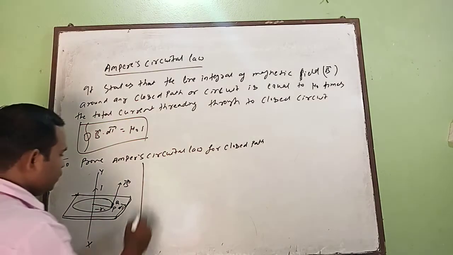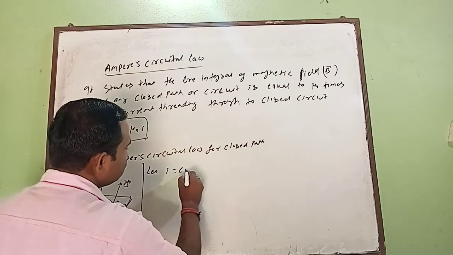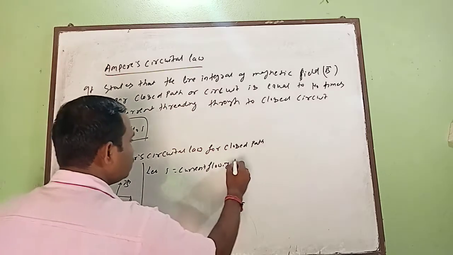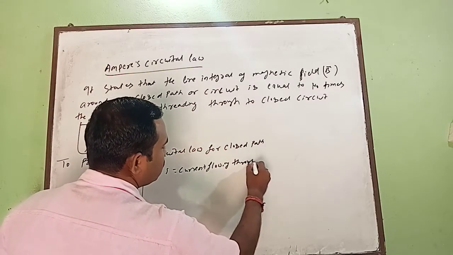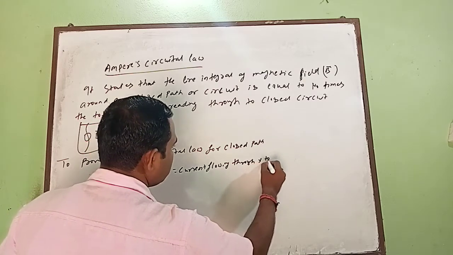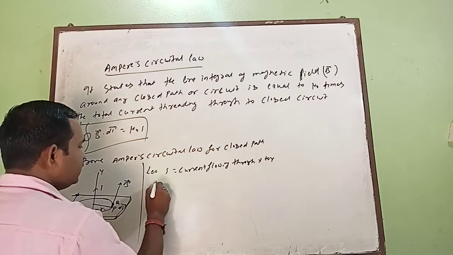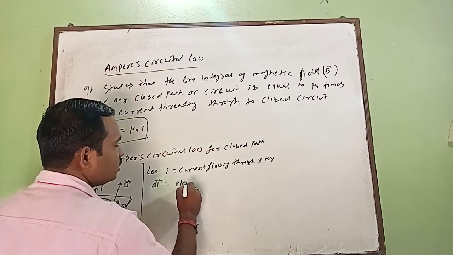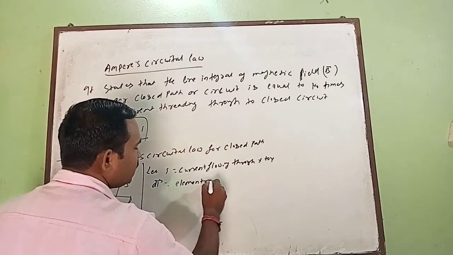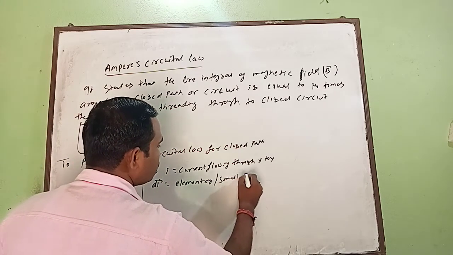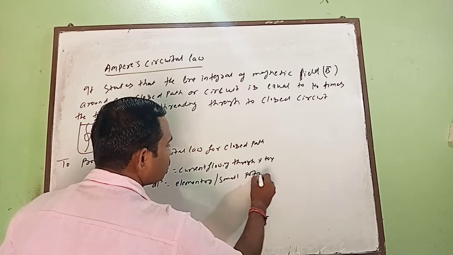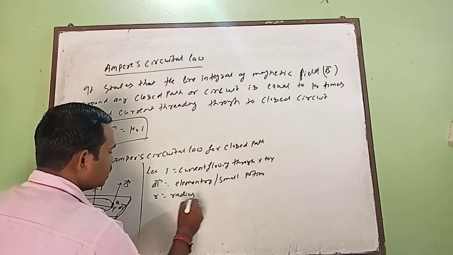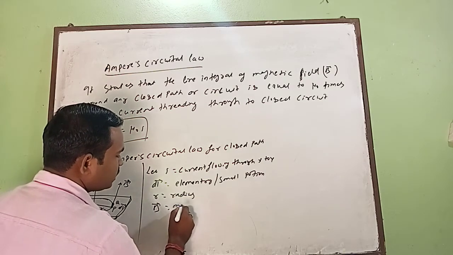But you can assume here: let I equal current flowing through X to Y, dl equal to a small or elementary portion or length, r equal to radius, vector B equal to magnetic field.